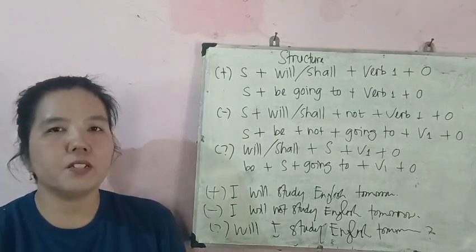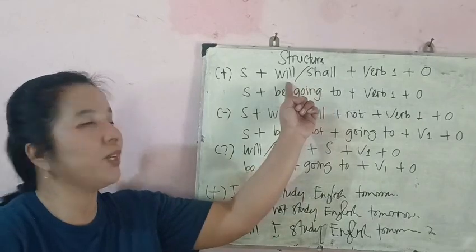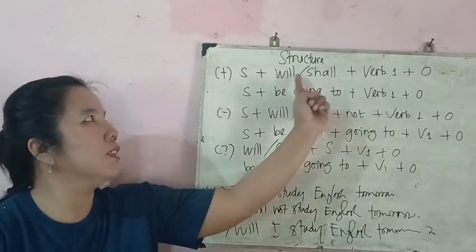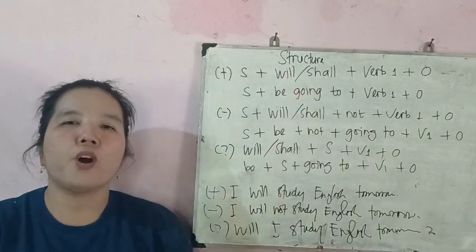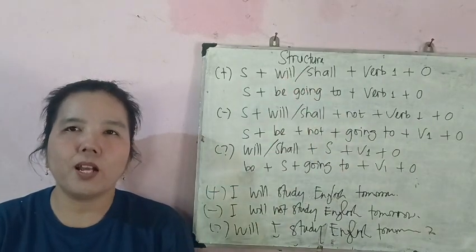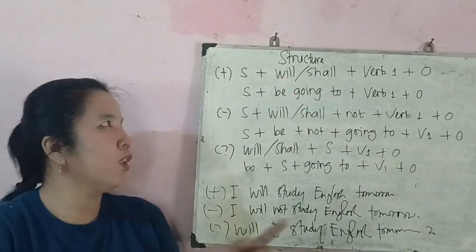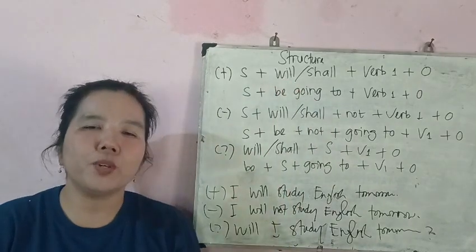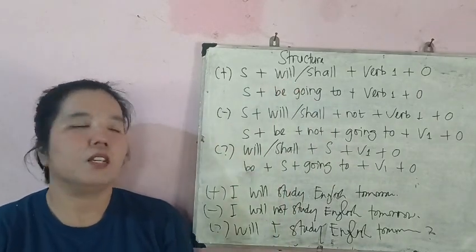Okay, the difference of shall and will. In modern English, will is used more often, so you can apply this model to all subjects, namely I, you, we, they, she, he, it.